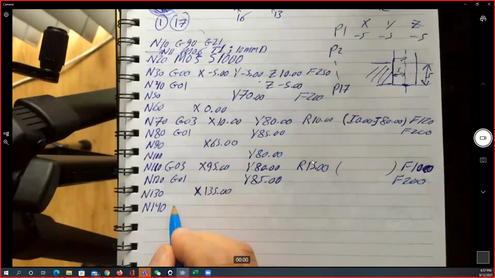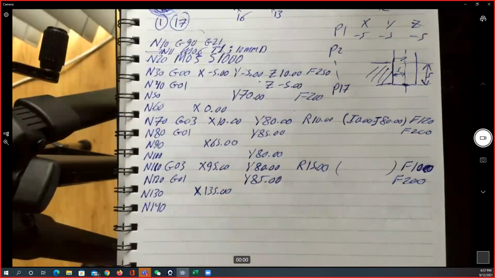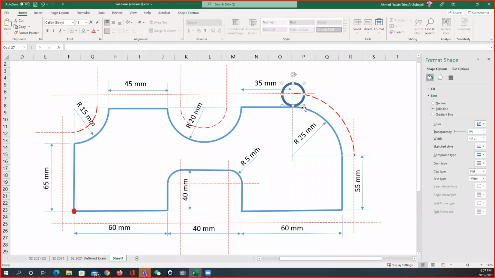Now we're going in an arc. We're going to make the circular interpolation from here to here. So once again, what was the radius of this red arc? It is 30.